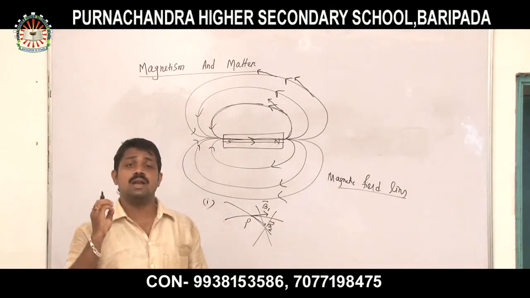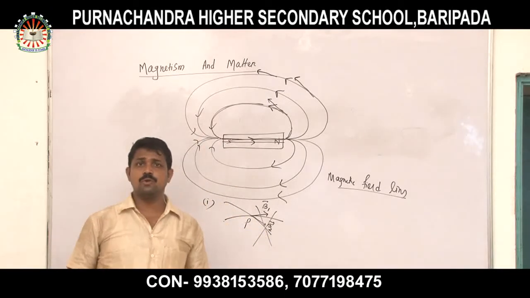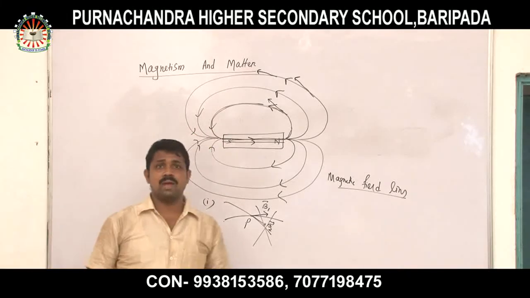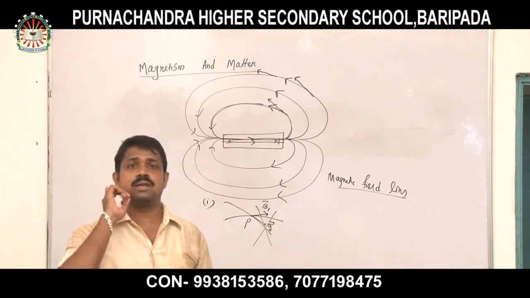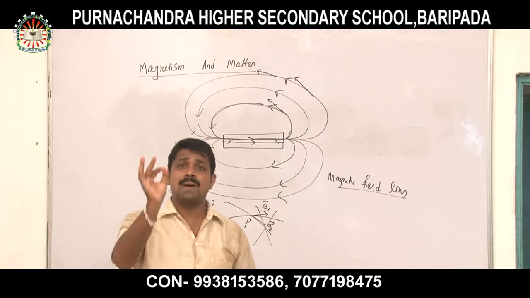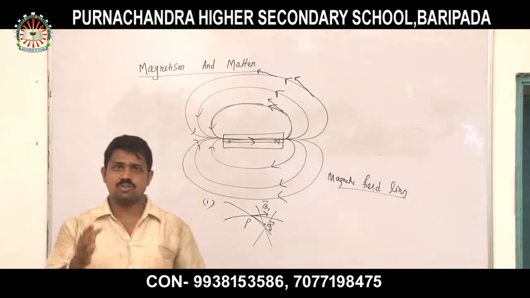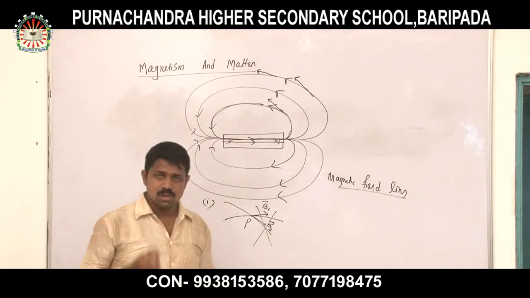The magnetic field lines and their properties are very, very important. Clear all of you? Okay. So these are the properties of your magnetic field lines. Remember, magnetic field lines are imaginary lines which show the direction of your magnetic field. And these are the properties I have just discussed.